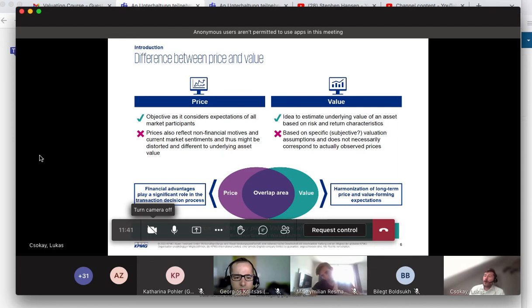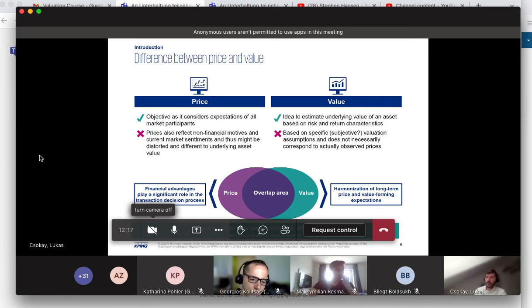But also the valuation is always dependent on the person doing the valuation, meaning there are also subjective assumptions in there. That could also be distorting, as valuations are performed by different market participants with different objectives, and they incorporate their own subjective assumptions.